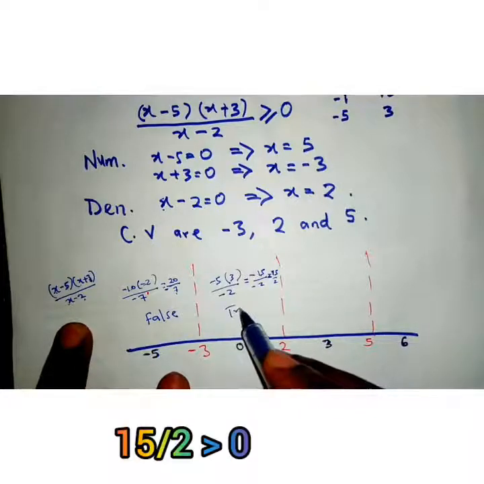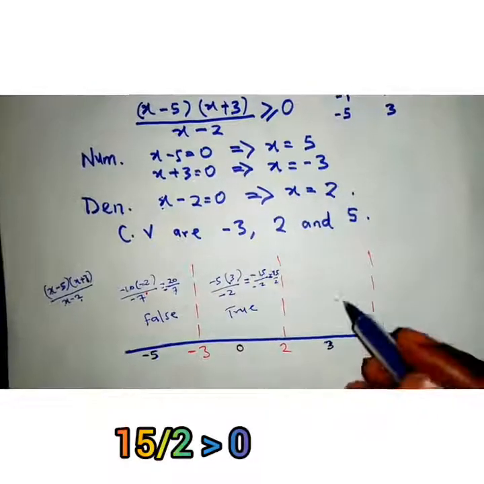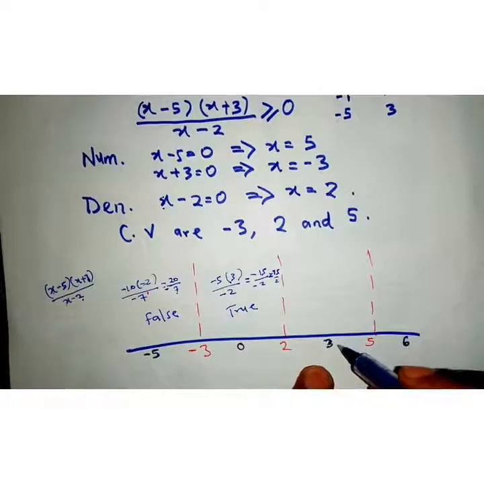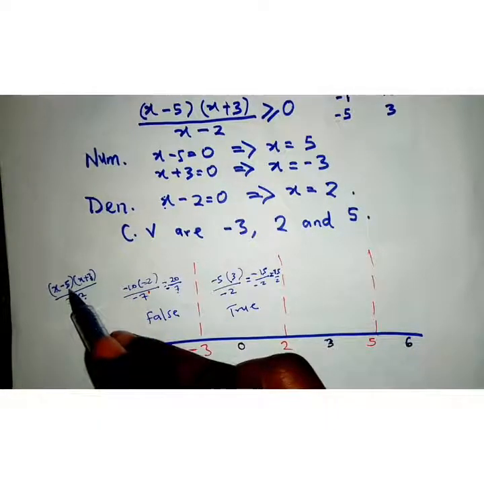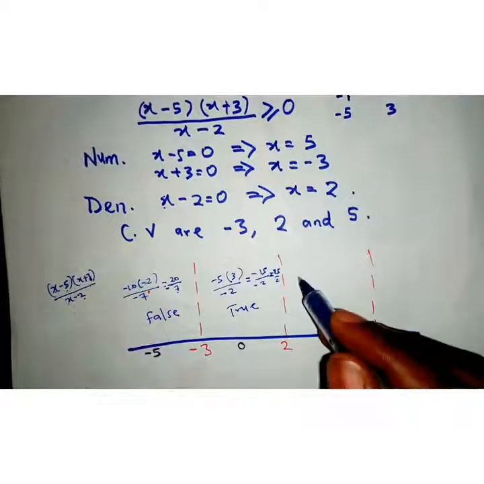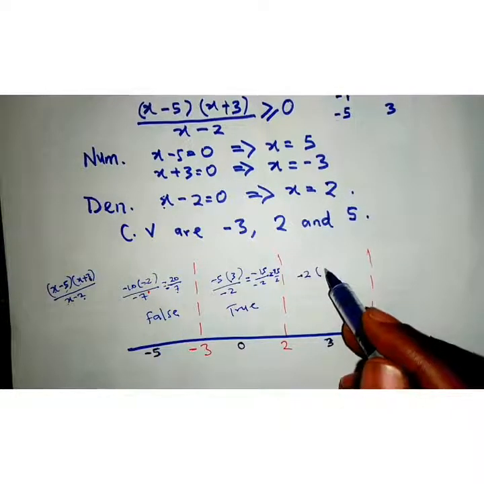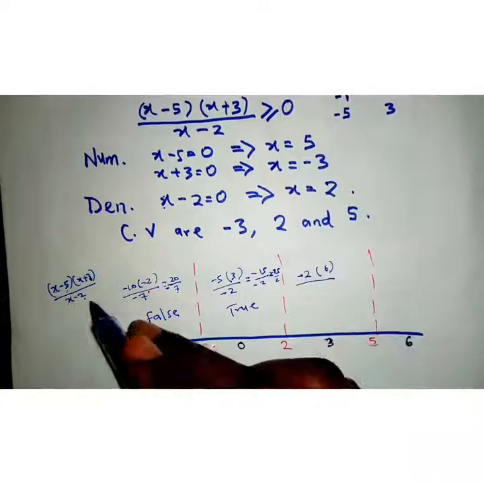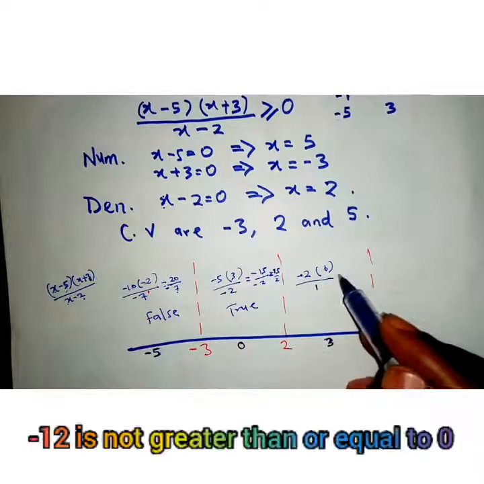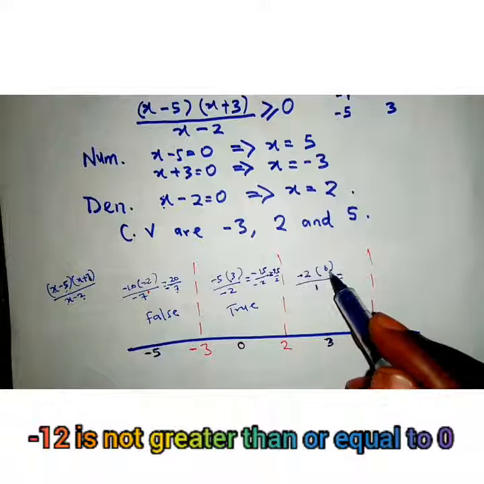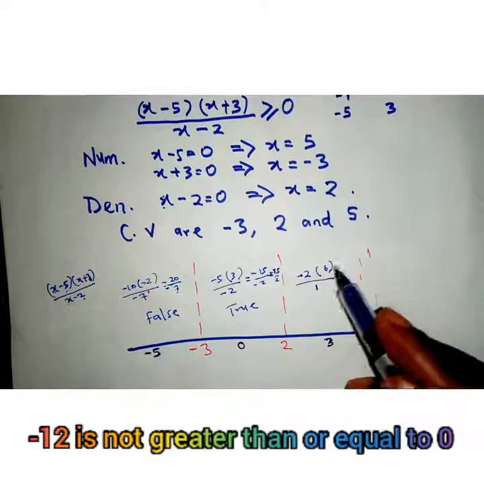So it is true in this interval. And then for this interval, we pick 3. 3 minus 5, that's minus 2, times 3 plus 3 gives us 6, over 3 minus 2, that's 1. So we have minus 12, which is negative in this interval.